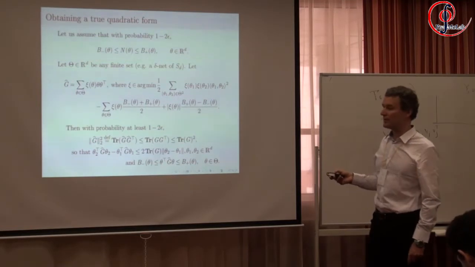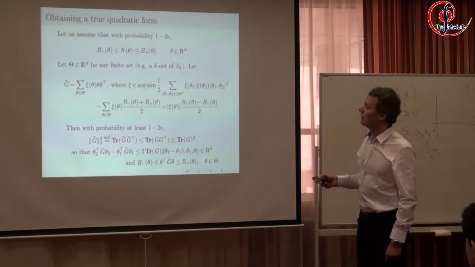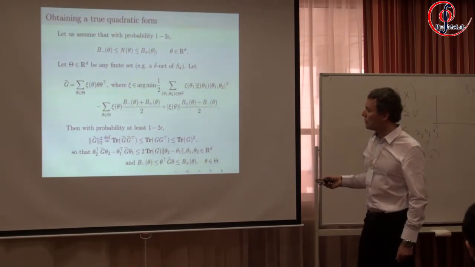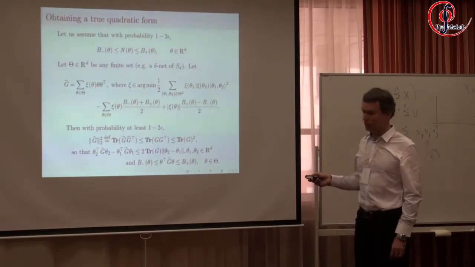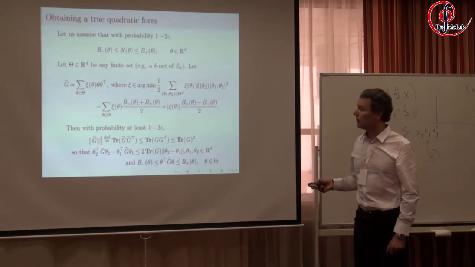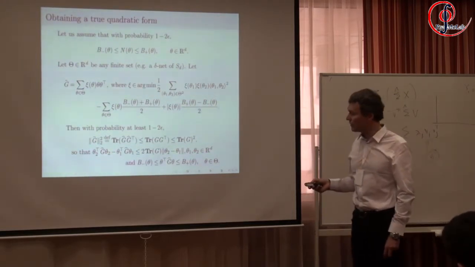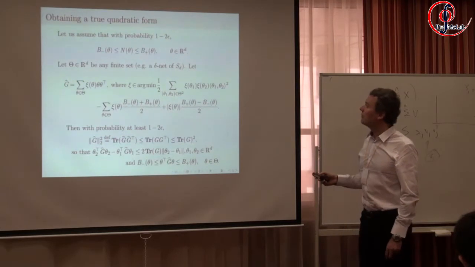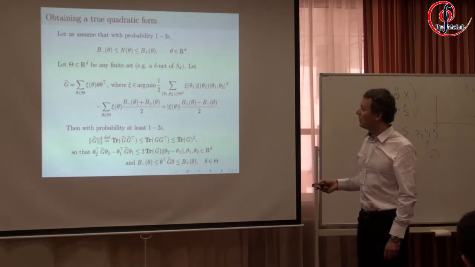We have fast algorithms to do that, and g hat will minimize the Frobenius norm among the quadratic forms satisfying these constraints. So the Frobenius norm of g hat will be less than the Frobenius norm of g, which is less than the trace of g squared. So I can also control the gradient of the quadratic form associated to g hat. The fluctuations between theta 2 and theta 1 are controlled by the trace of g, and I assume that this was finite. So by having delta sufficiently small, I can get this.